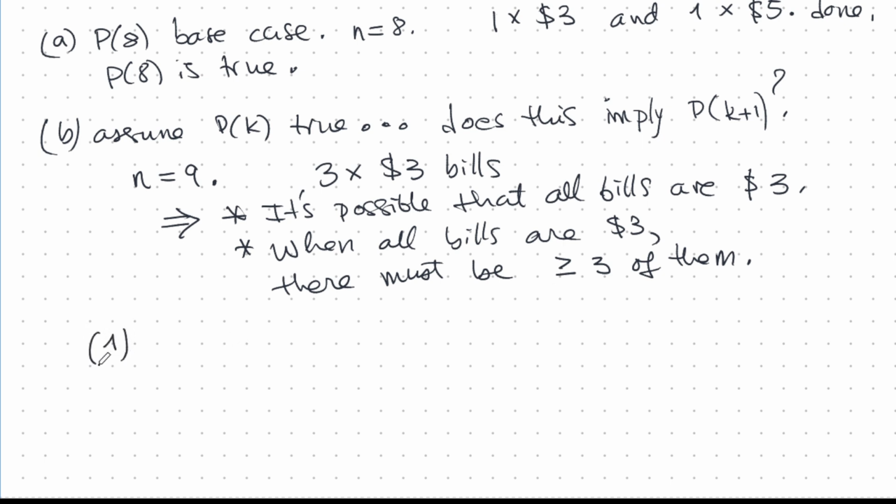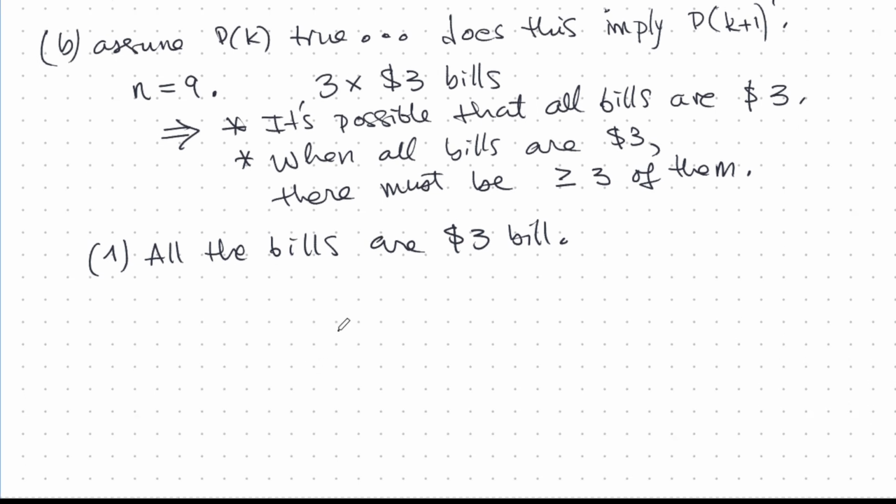So let's look at case 1. All the bills are $3 bills. Okay, so what we just learned above is that there's got to be 3 or more of them. So we assume that Pk is true. So we have the bills which make up k, and they're all $3 bills. All right, so I have at least 3 of them.